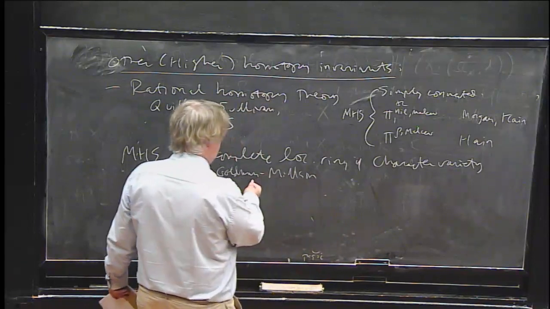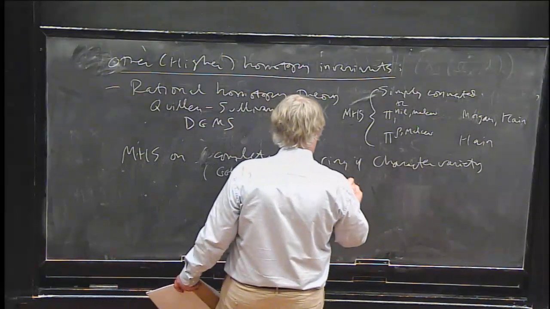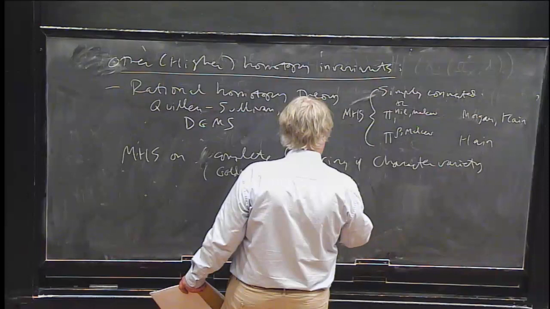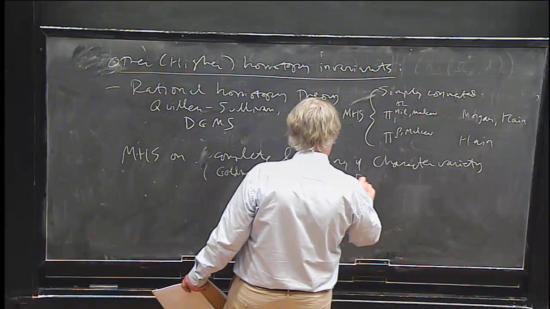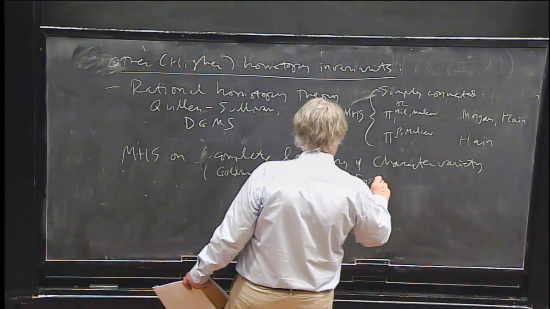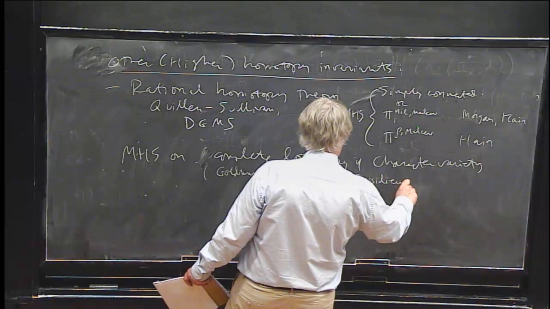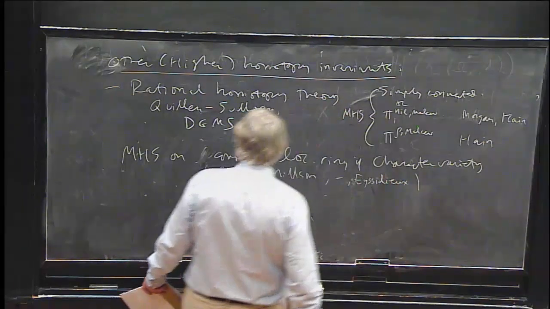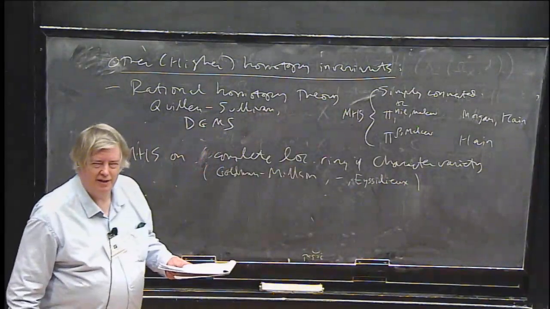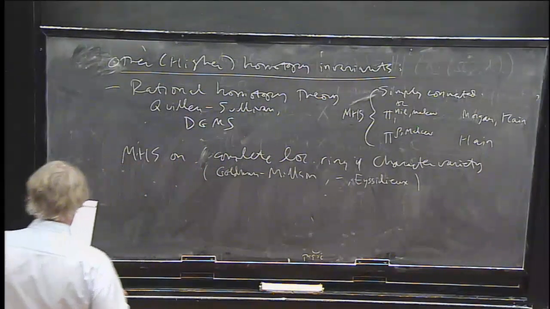It's used as the technology in the paper of Goldman and Millson. Then we wrote a paper with Philippe Eyssidieux and myself. If I can, I'll explain that. We might just get there.